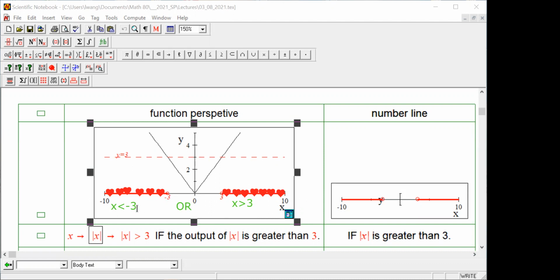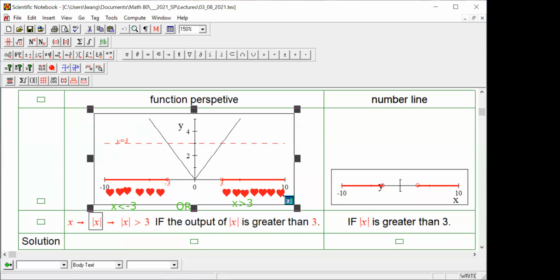So this is the inequality way of expressing our solutions. These inputs will cause the output to be larger than 3. x is less than -3, all of these numbers, or x is larger than 3. Do you guys follow me? Please do write it down, because I'm going to write it down in the table.